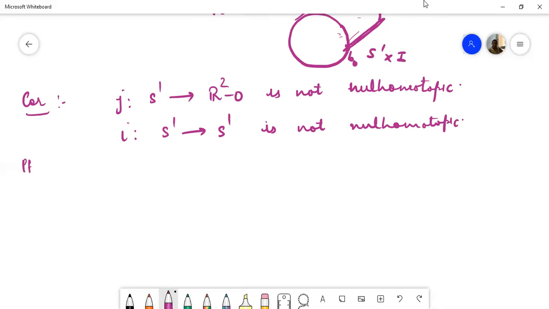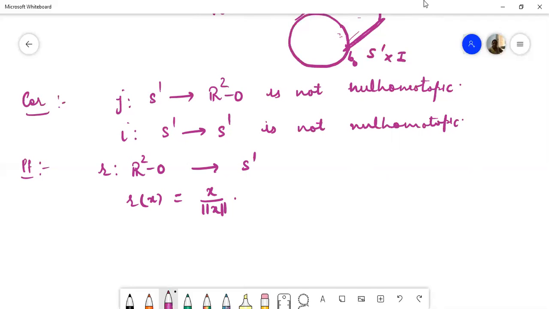So to prove this, we define a retraction r from R2 minus 0 to S1 by r of x is equal to x upon norm x. Since we are taking the non-zero points of R2, the norm of x is also non-zero, so we can divide x by norm of x, and x upon norm of x belongs to the unit circle S1.